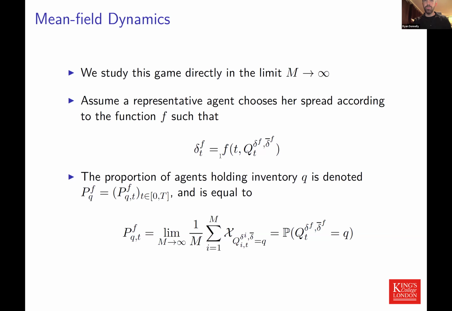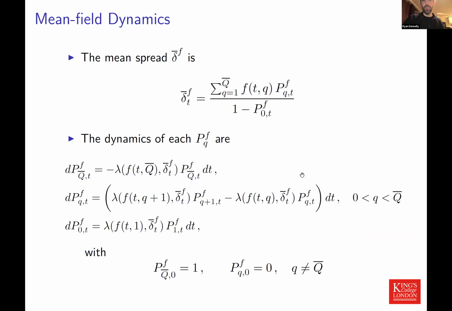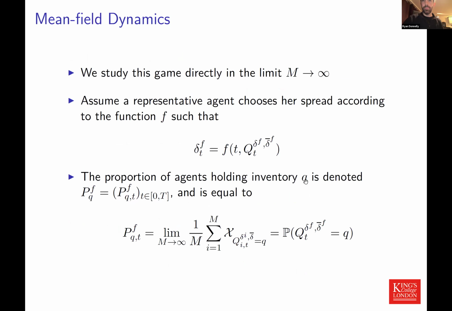It's also going to be useful to keep track of the proportion of all agents that are holding a particular level of inventory. So if I let lowercase q be some number between 0 and capital Q, then I can talk about what percentage of all agents hold an inventory of lowercase q.